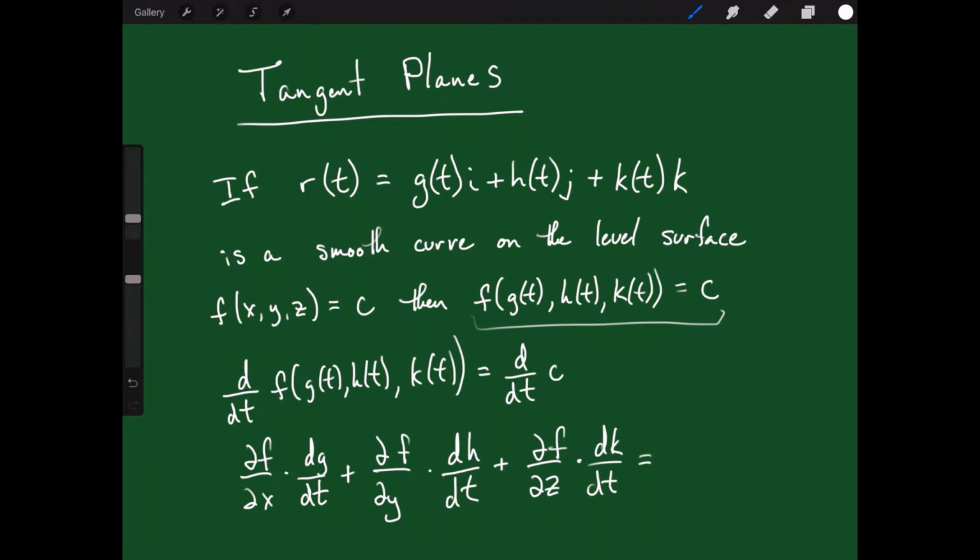And on the other side, the derivative of a constant, I just get 0.